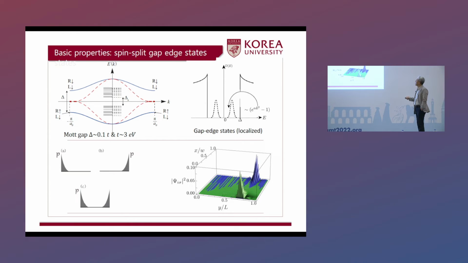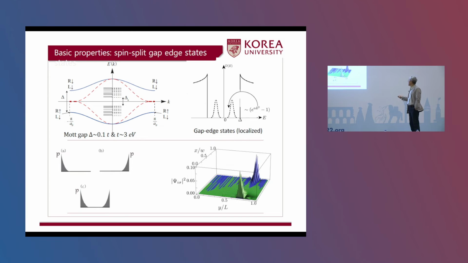Now, what happens if I introduce disorder? You get this kind of bonding and anti-bonding states. So they appear to be split, and their charges appear to be split in half. This is a more careful graphic picture of the split gap edge states.